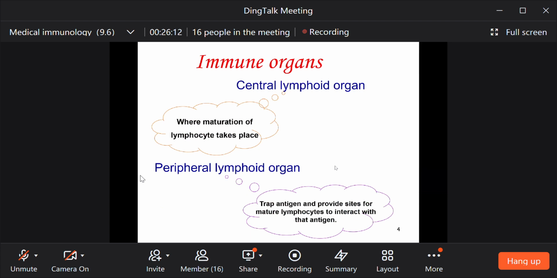The central lymphoid organs are where the maturation of lymphocytes takes place, and the peripheral lymphoid organs are responsible for the settlement and immune response of the lymphocytes.